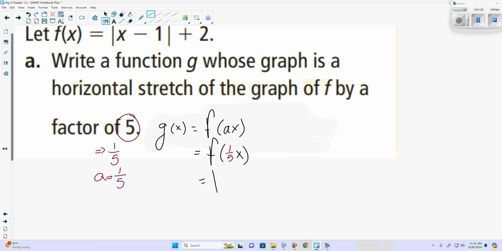So add parentheses. Instead of x, we have 1/5 x, minus 1, plus 2.